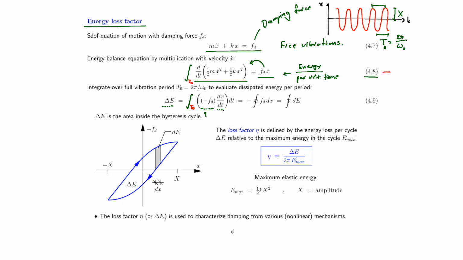Now let's consider a period in the upper right drawing. So we could start out at a maximum point, then we integrate along this path down to a minimum, and again back to a maximum, and these two maxima have the same value because we are in a steady state or an assumed constant amplitude situation. If we then make another plot, as shown in the figure to the left, we will put the displacement x along the horizontal axis, and along the vertical axis, we will instead draw the damping force.